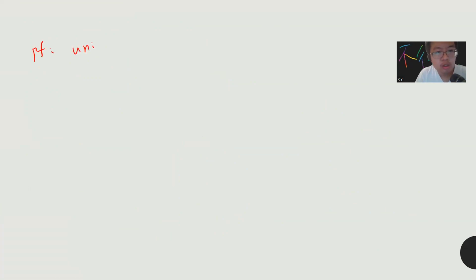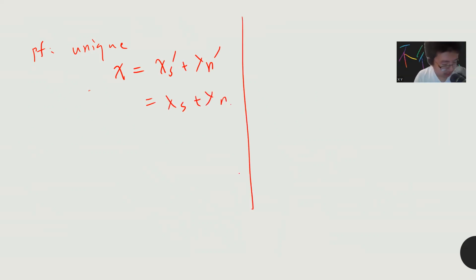The uniqueness is trivial, because let's say I can write this as two terms. If I have these two decompositions, the previous one is a spatial decomposition, and maybe there's another way that you can find another decomposition.